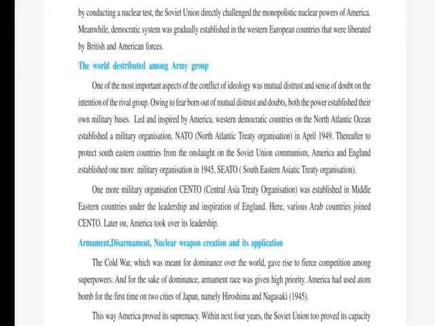The USSR was looking forward to dominating Central Asia. Therefore, the USA and its allies formed the Central Treaty Organization, known as CENTO.